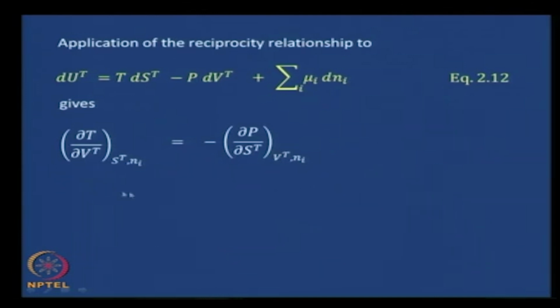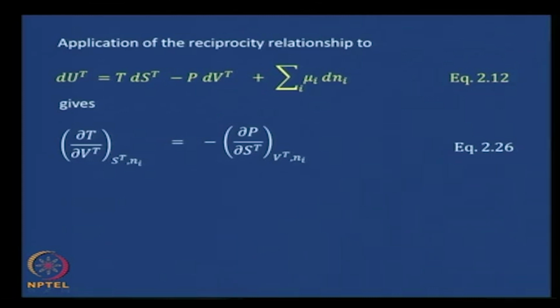So, this gives a nice relationship between the thermodynamic variables just by using the reciprocity relationship of writing differentials. We will call this equation 2.26.